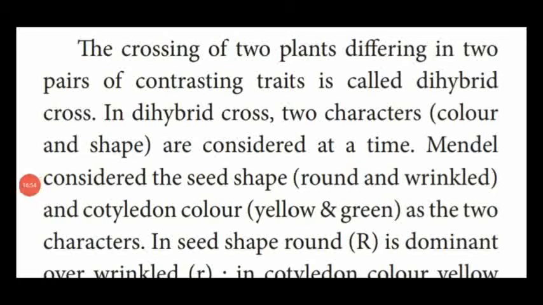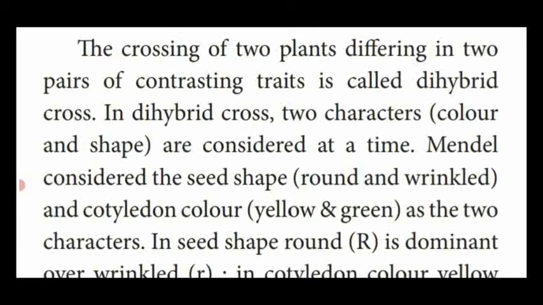Dear students, up to this we have seen what the law of independent assortment is and also the advantage of independent assortment. Now, how the dihybrid cross proves the law of independent assortment, we are going to see in this paragraph. Dear students, what is a dihybrid cross is an important 2-mark question.